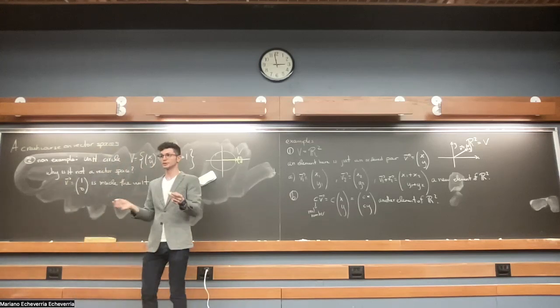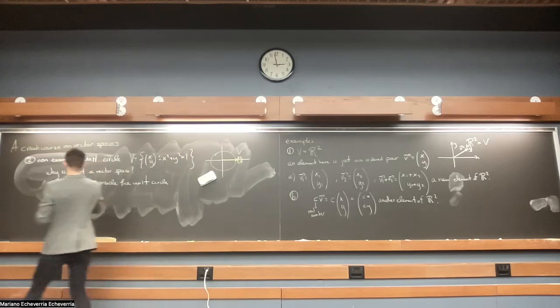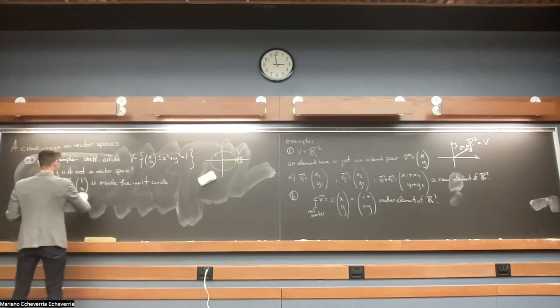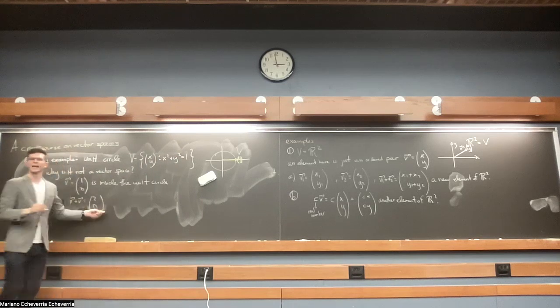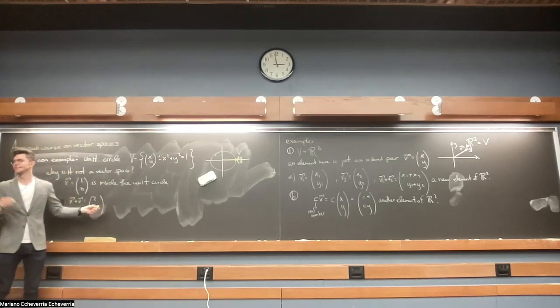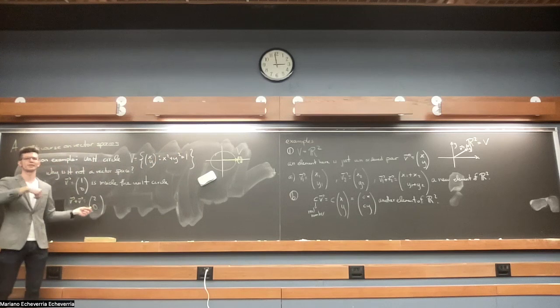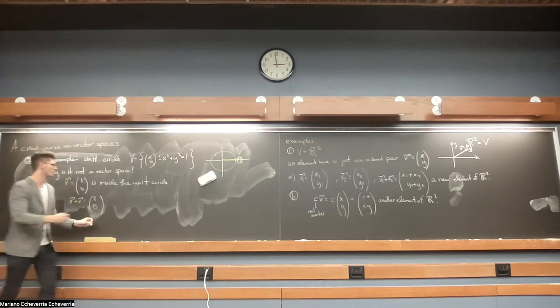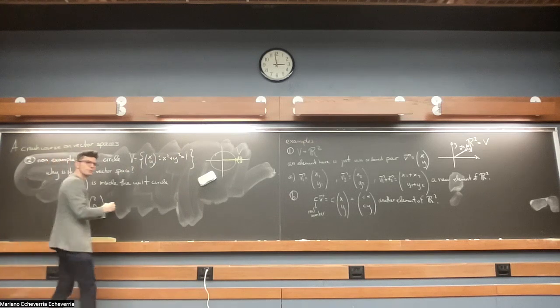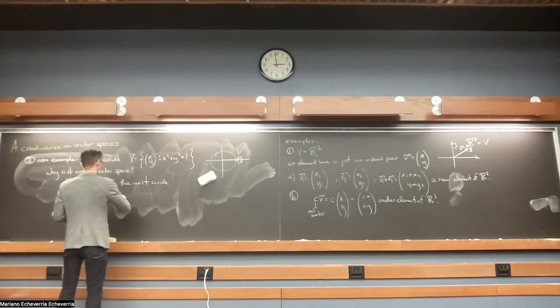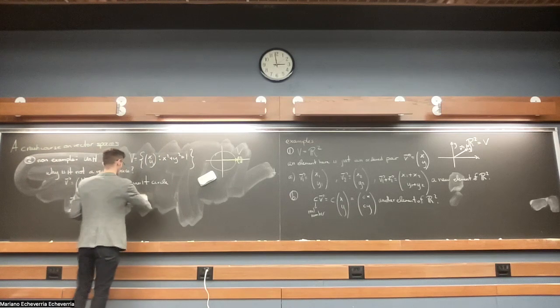But if you do B plus B, what is B plus B? That's just going to be 2, 0, right? And that is no longer inside the unit circle. The operation of adding them together took you outside the circle. This is not in the circle, not an element of the circle.